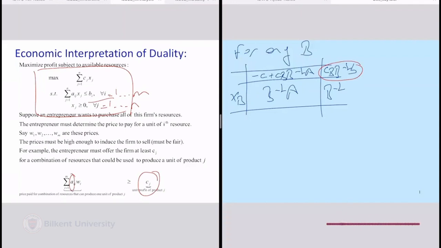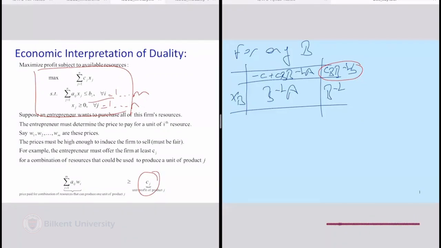So if this summation here, Aij times the price per unit I'm going to get from the entrepreneur, is larger than my profit for the product j, I may think about selling my resource rather than producing it, right?